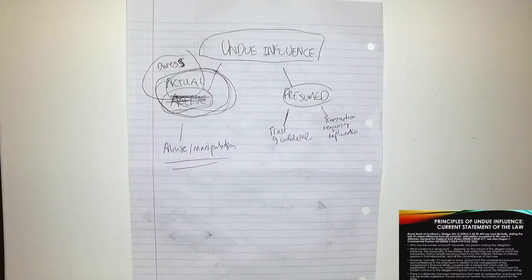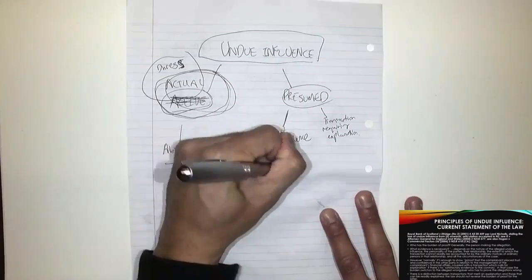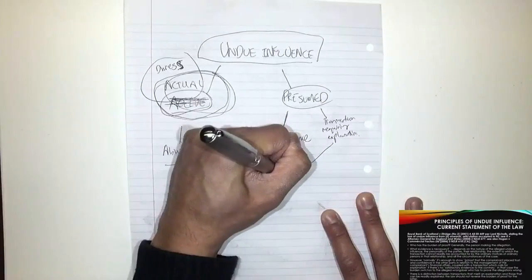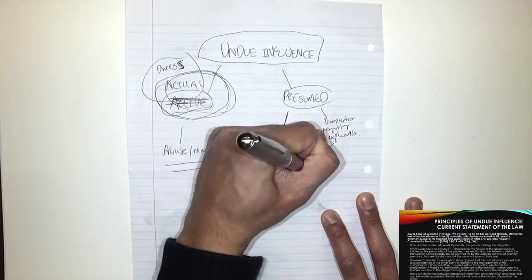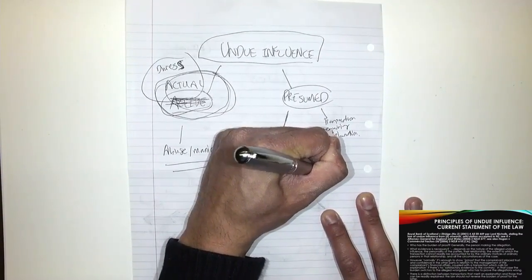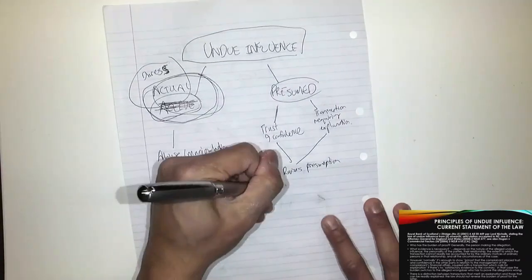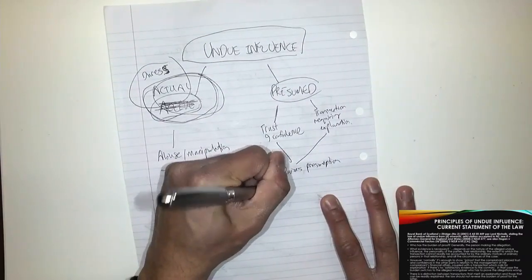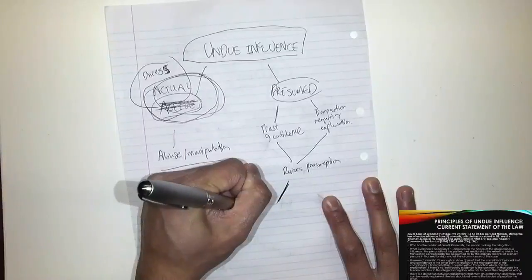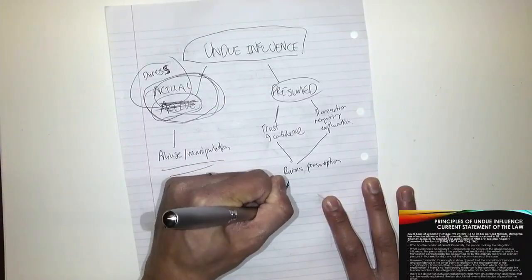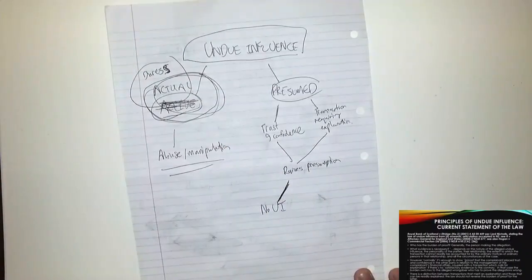So what this does is it raises the presumption that the transaction was procured by undue influence. Right? And if evidence suggests there was no undue influence, then the court will find so.